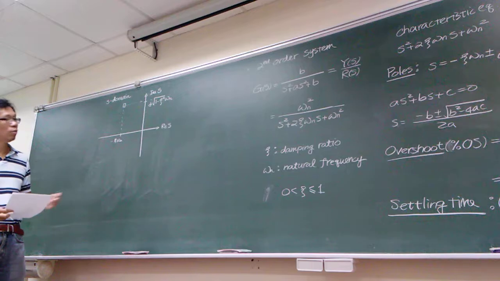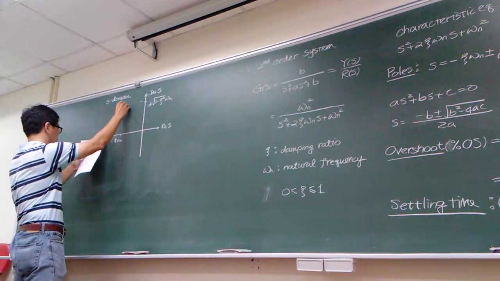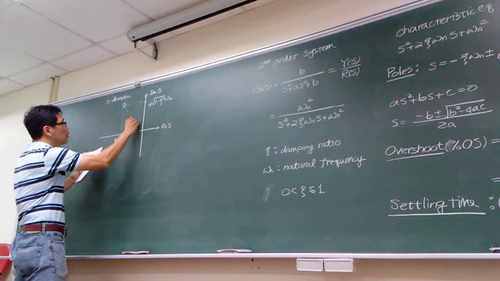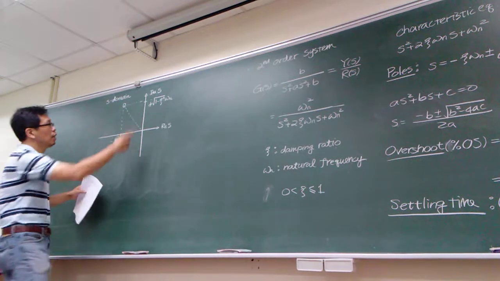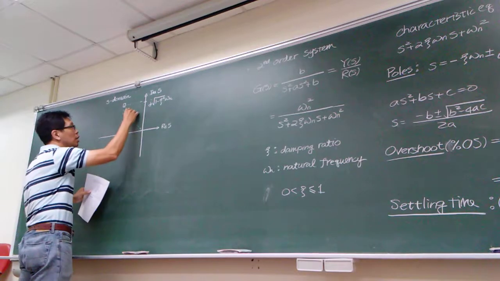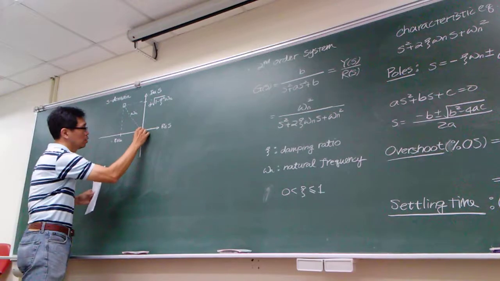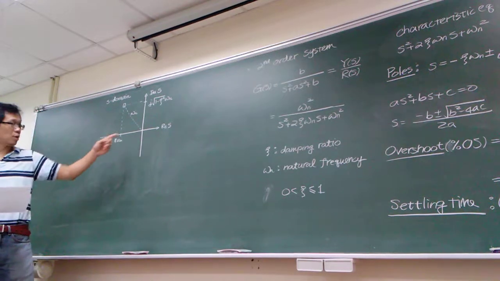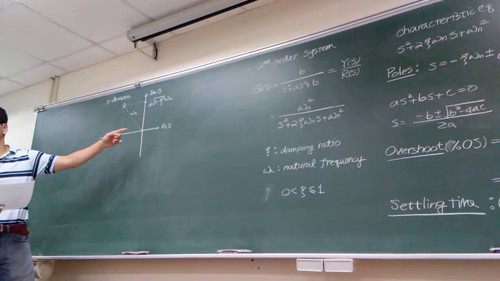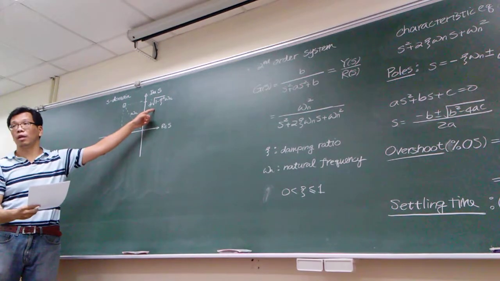So how do we know this one over here? So the angle, you're going to find, if you put this squared plus this squared, you're going to get omega n as the distance from the origin. Does it make sense? Because one is sine, the other one is cosine. The real part is cosine, the imaginary part is sine. I think you guys know this from calculus, right?